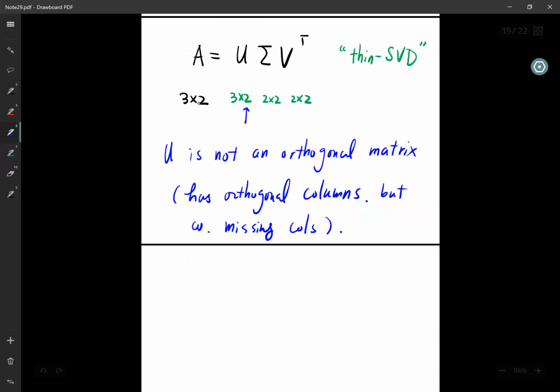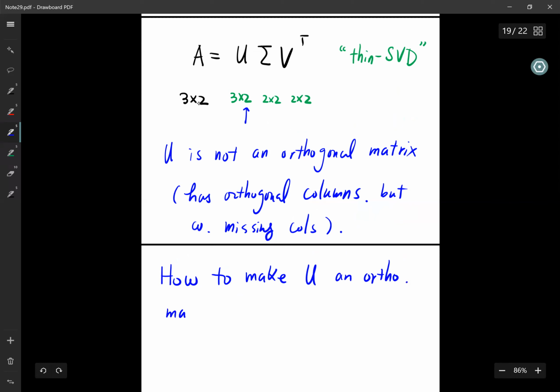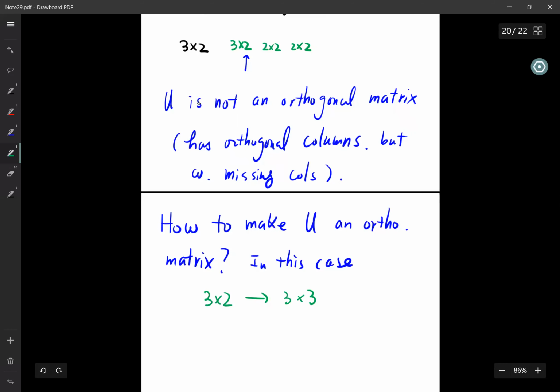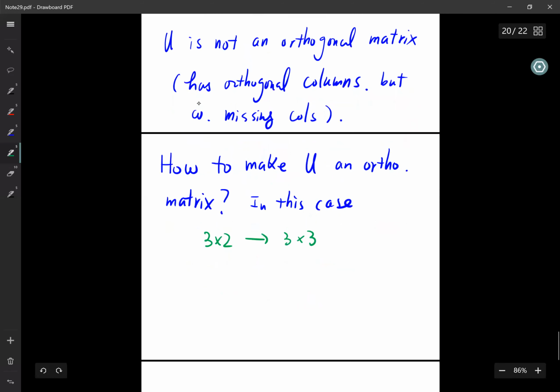So how do I make U an orthogonal matrix? In this case, we want to promote a 3 by 2 matrix to a 3 by 3 matrix. The answer is very simple. U now has 2 columns, U1, U2.